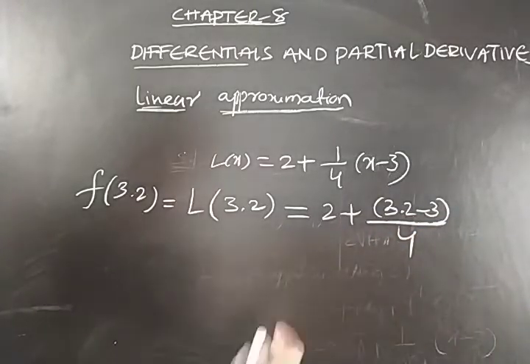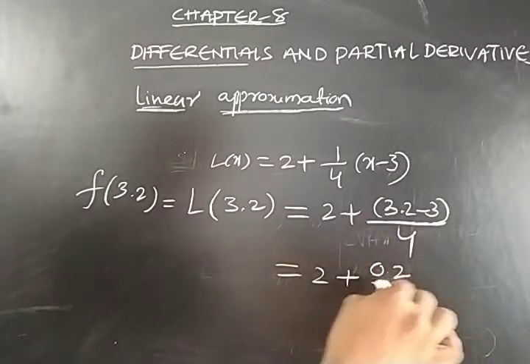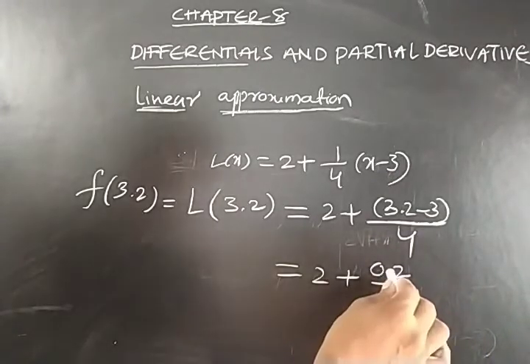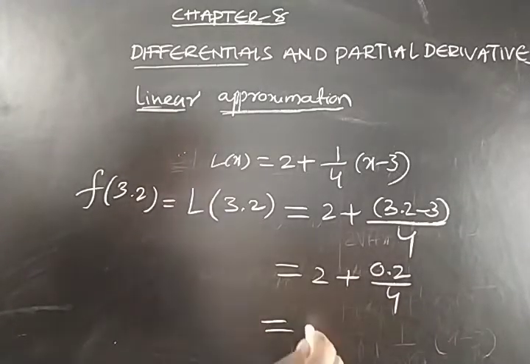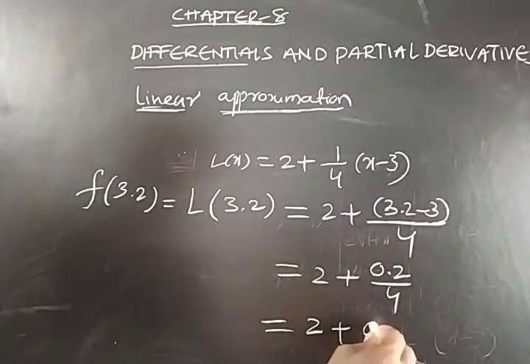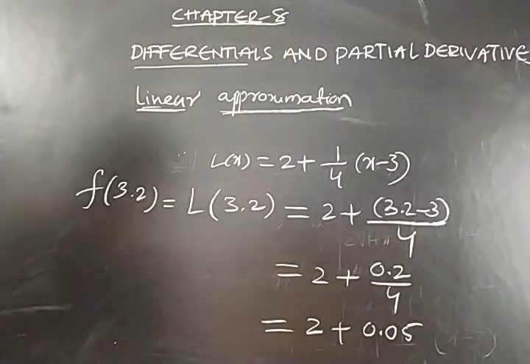By simplifying you will get 2 plus 0.2 by 4. By dividing it, 2 plus 0.05. So you will get 2.05 as the approximate value.